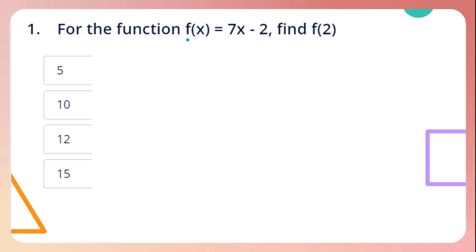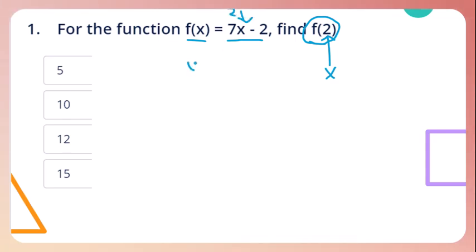For the function f of x equals 7x minus 2, we want to find f of 2. Alright, so this is not f of x, this is f of 2. So 2 is our input, also known as our x. So in this equation, we're going to replace x with 2.